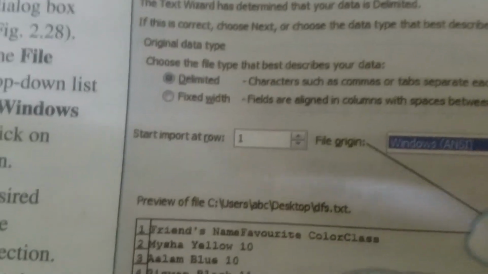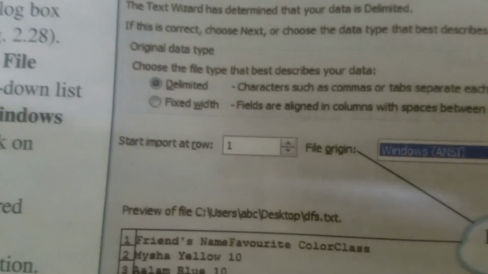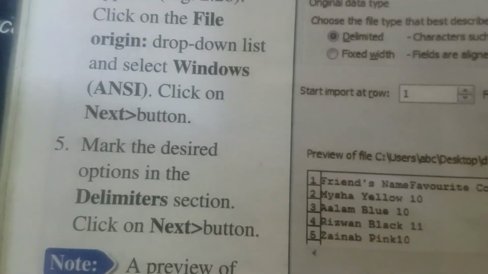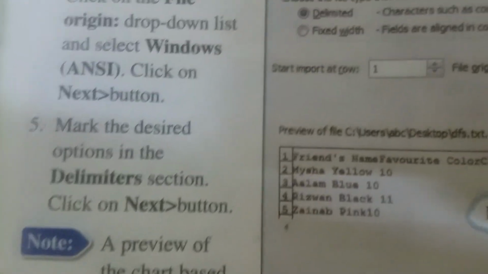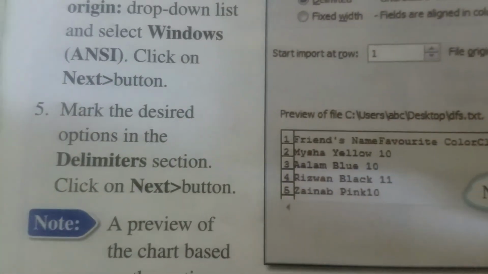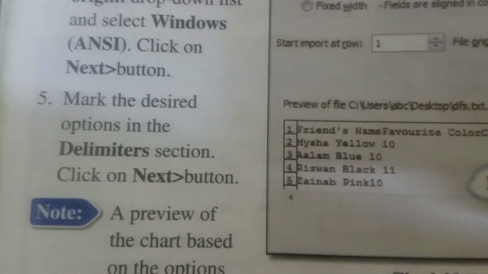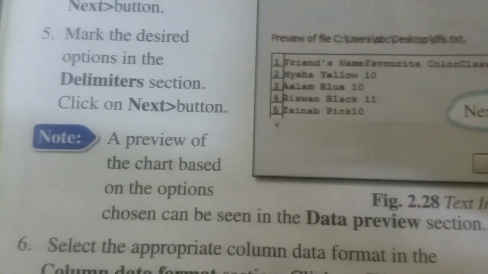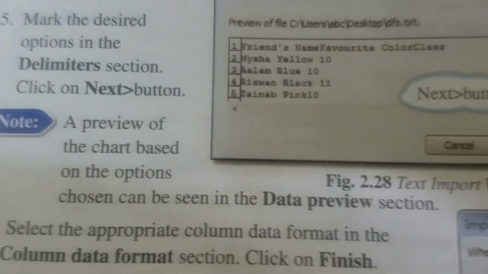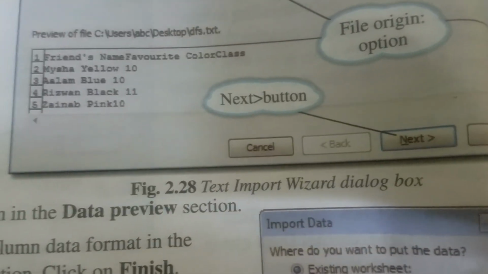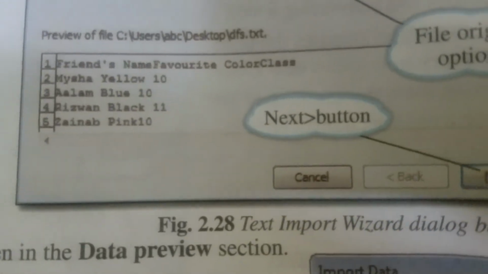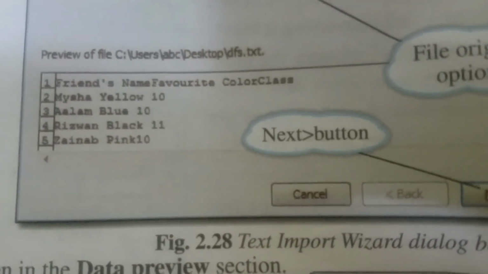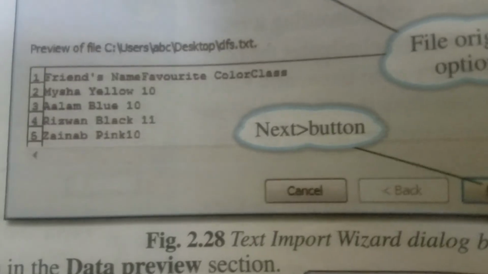Then you will select Delimited. Make the desired options in the delimiters section. Click on the Next button. They will show you the preview of how your file will look after importing. If you want to make changes in the preview, you can do that.